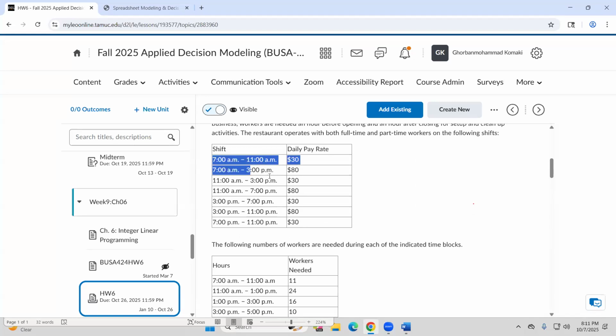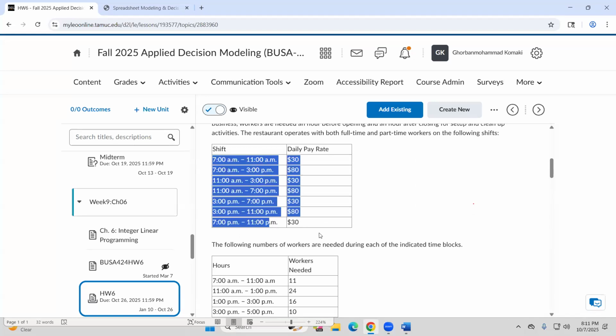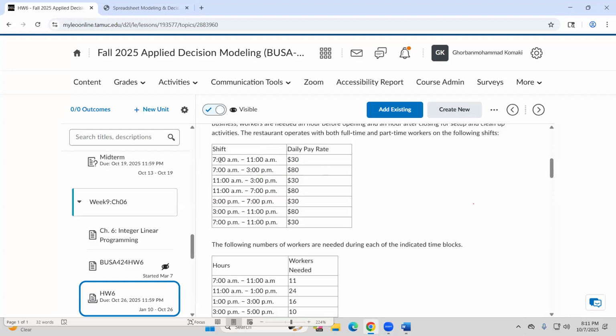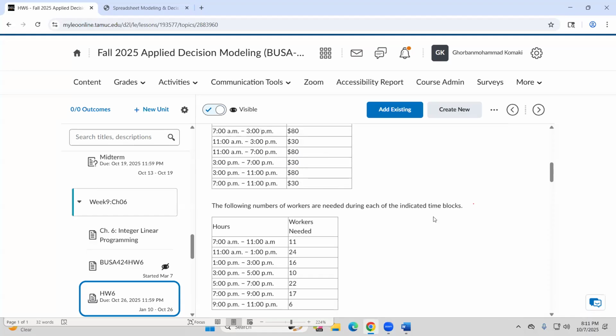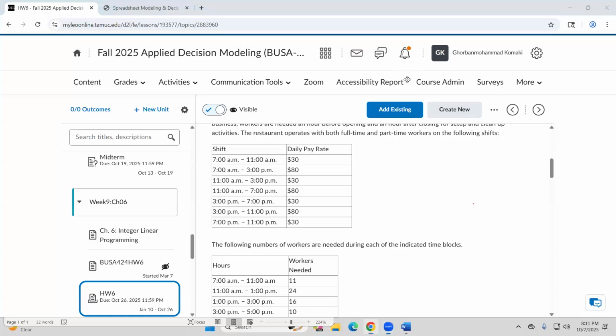So we have the shifts, right? These are the shifts. The decision variables are defined based on the shifts, right? So x1 is 7 to 11. Okay, so you define x1 all the way to x whatever here.